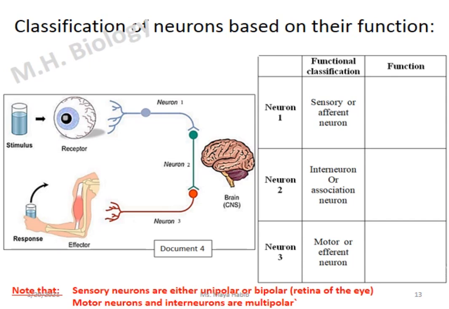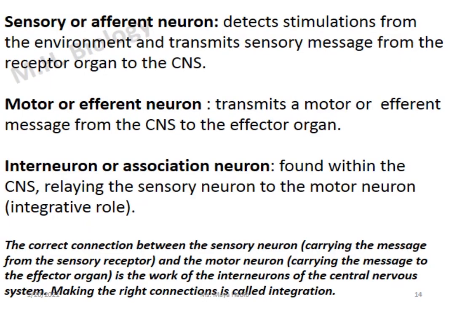And of course, neuron 3 is the motor neuron or efferent neuron, which is responsible for transmitting motor messages from the central nervous system to the effector organ. Note that the sensory neurons are either unipolar or bipolar in shape. Motor neurons and interneurons are always multipolar in shape.